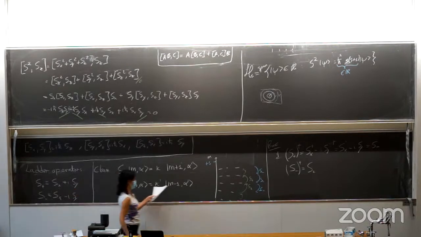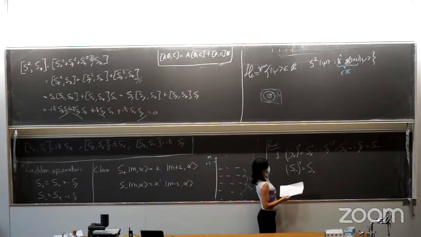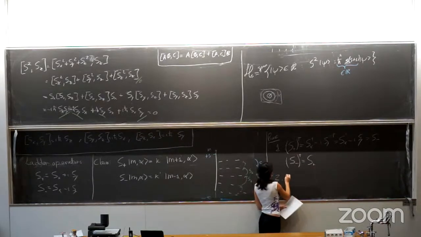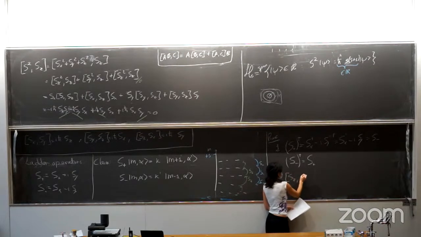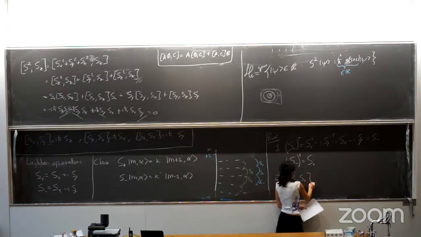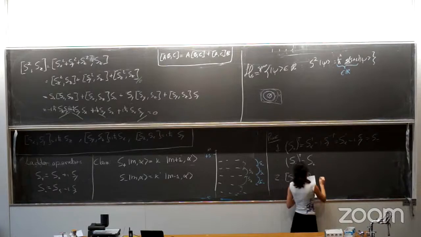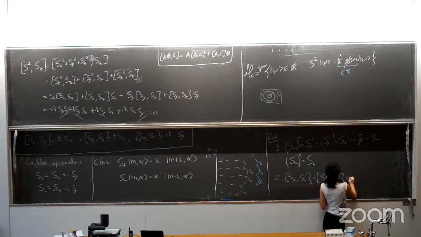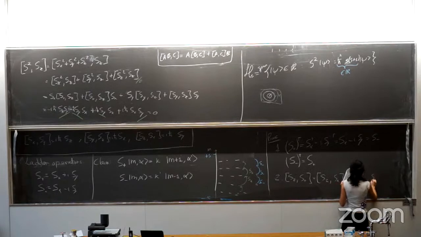So first we look at the commutator, as always. So far, so good. Sz with S plus. Well, that's Sz with Sx plus i Sz with Sy.